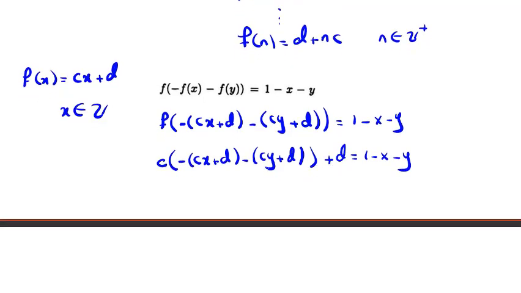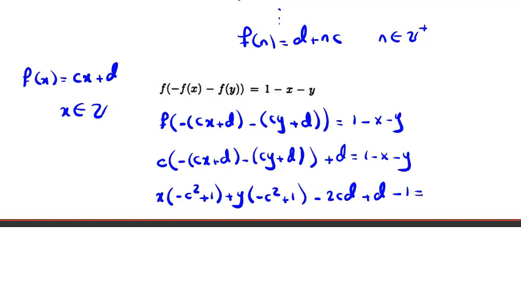You can see it as a polynomial in terms of x and y, and consider the coefficient of each of them. The coefficient of x is negative c squared plus 1, and the coefficient of y is negative c squared plus 1. The constant terms give minus 2cd plus c plus d minus 1 equals 0.